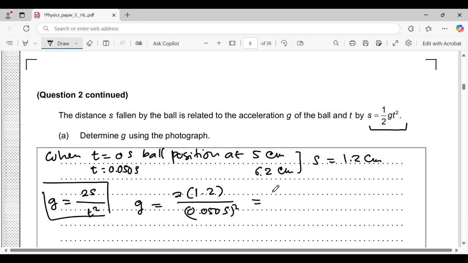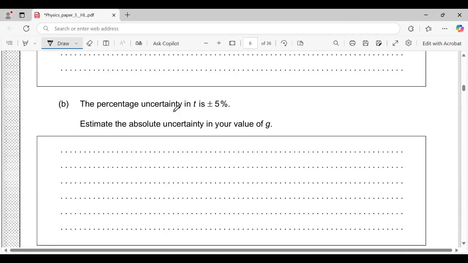If you calculate, the result is 960 centimeters per second squared. So this is the answer, the g.